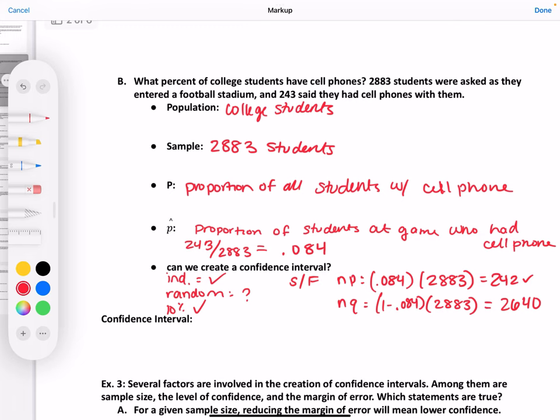Oh, 41, it rounds up. Which is also greater than 10, so that one's good. So we could do it for this one, because nothing is blatantly no. The random one is the only thing that could be questionable.